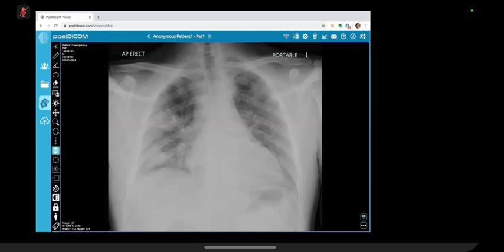So, in summary, this chest X-ray is demonstrating bilateral pulmonary infiltrates, predominantly in the right lung, especially in the peripheral zone. In the context of clinical history, this could well represent COVID, but we will have to go by the history.